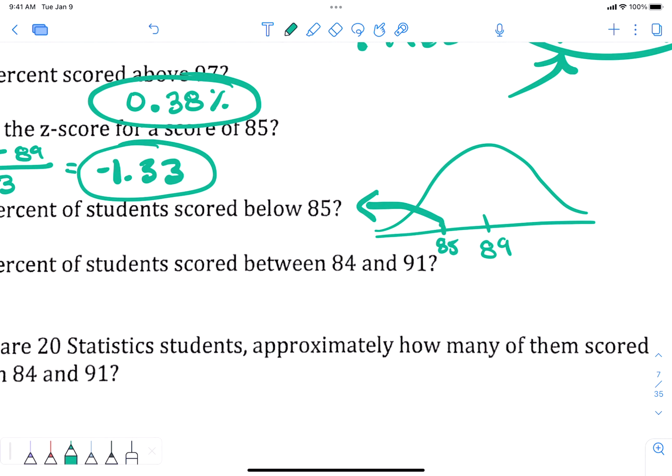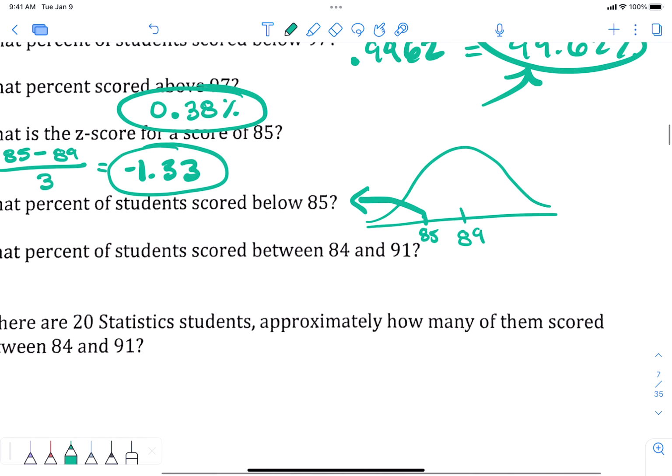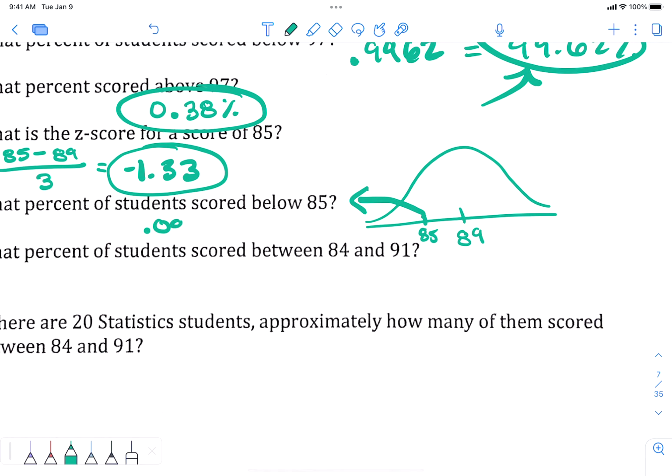If you look up -1.33 on your negative side, what do you get? I know it's hard to see. I might have to reprint these and relaminate. We'll see. 0.0918. What does that mean?